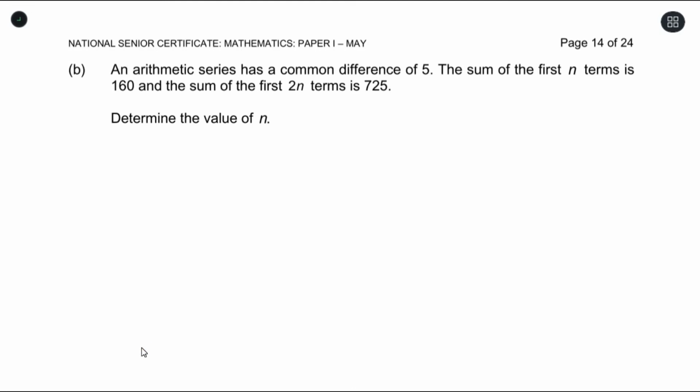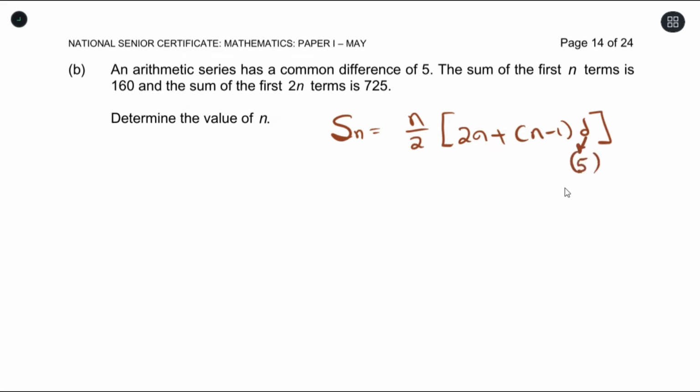Now B, this question says an arithmetic series has a common difference of 5. Okay, so that first sentence tells me that I should be working with this formula. Let's write that out first of all. Okay, now we were also told here that the common difference, that's this d over here, represents 5.